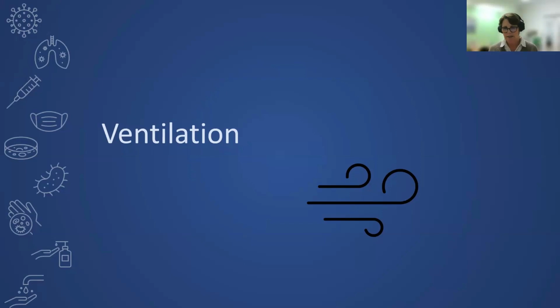Good ventilation also increases staff and patient comfort. Poor ventilation, we know, can lead to drowsiness and poor concentration, headaches, dizziness, shortness of breath, coughing and sneezing, hypersensitivities and allergies, or dry or irritated throats, eyes, nose, or skin as well.